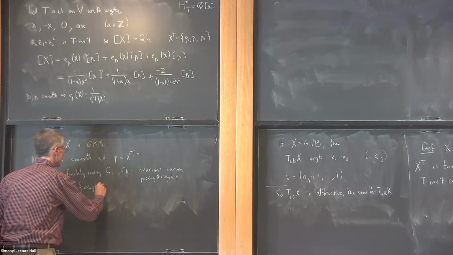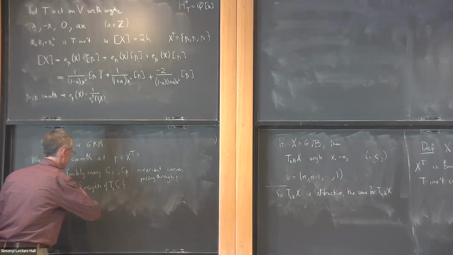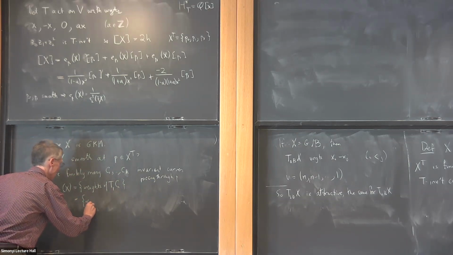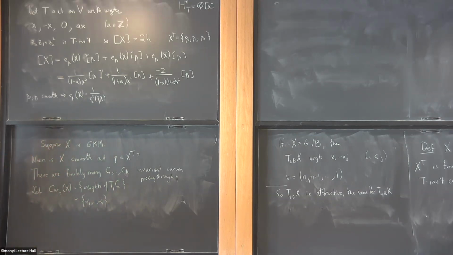They're really the weights of T_P C. So this is just some finite set of weights alpha_1 to alpha_n.